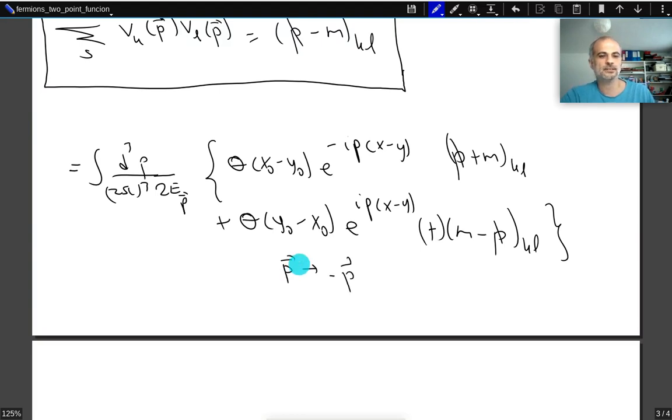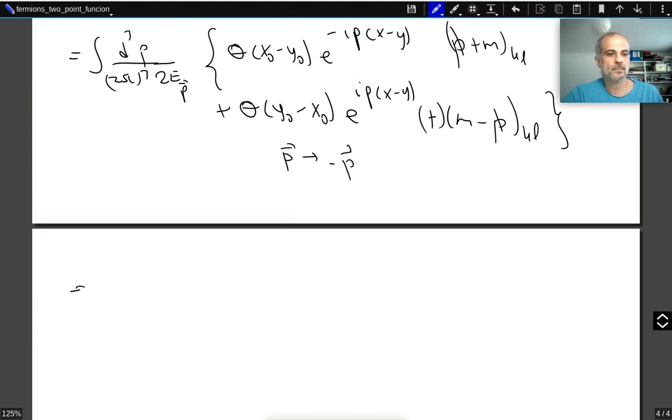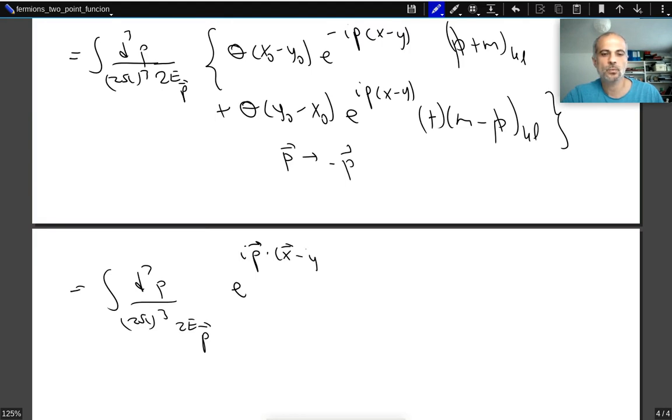Now the reason why I set p go to minus p in the second term is so that the exponentials will look similar. So if I do that, then I get d cubed p divided by 2 pi cubed, 2E of p. I have e to the power i p·(x minus y), because now this term is the same in both terms.